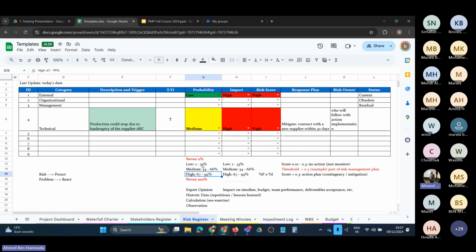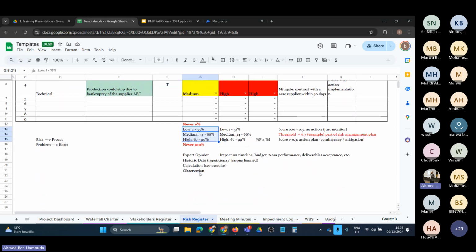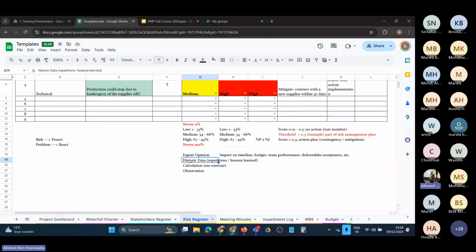Now, how would we calculate those percentages? There are a few ways. Either you rely on an expert opinion, or you check on historic data. For example, let's say we analyze the last 10 similar projects, and we notice that this risk has happened in seven of them.